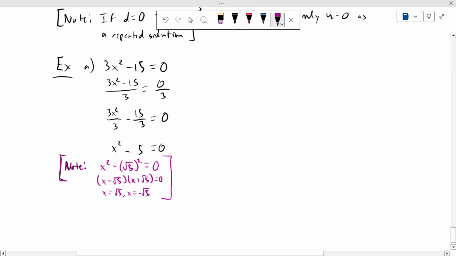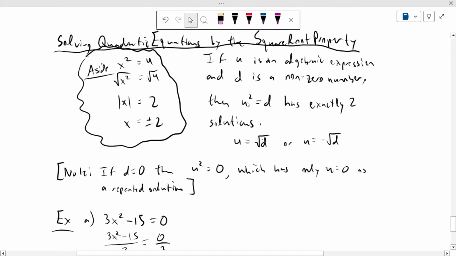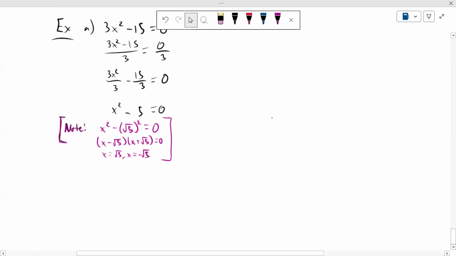All right, so let's use the square root property instead here. I have x squared minus 5 is equal to 0. In order to use the square root property, I have to have my squared quantity on one side of the equation, and everything else on the other side. So I need to add 5 to both sides: x squared minus 5 plus 5 is equal to 0 plus 5. Then I get that x squared is equal to 5. Now I'm ready to use my square root property.